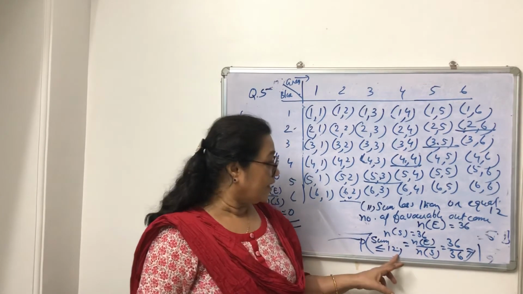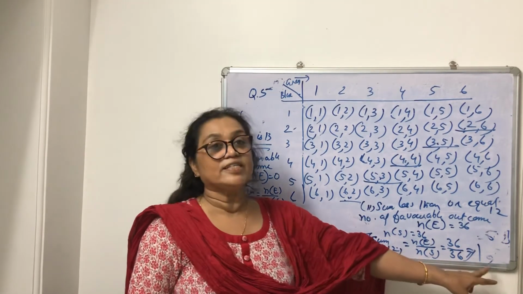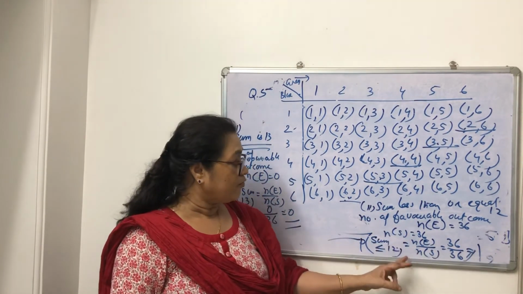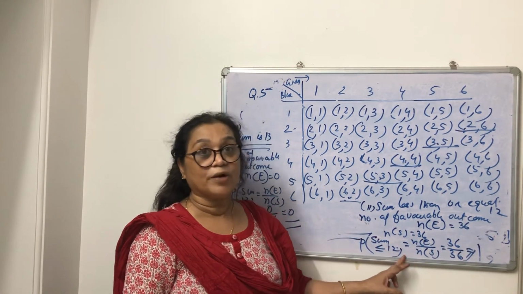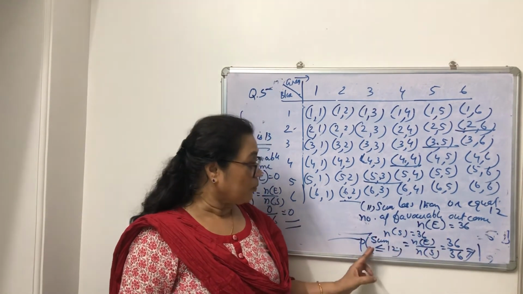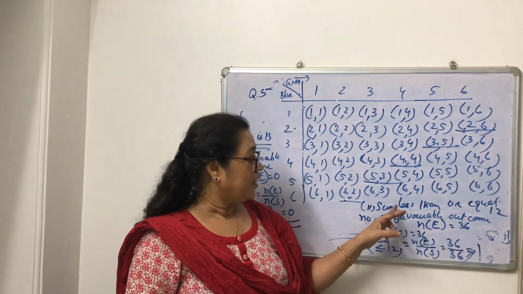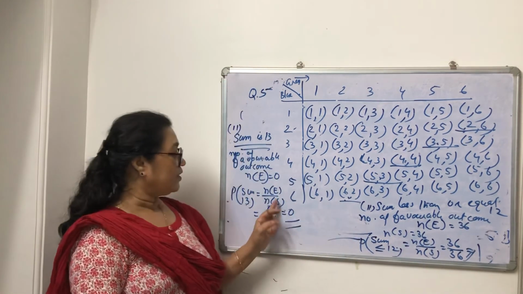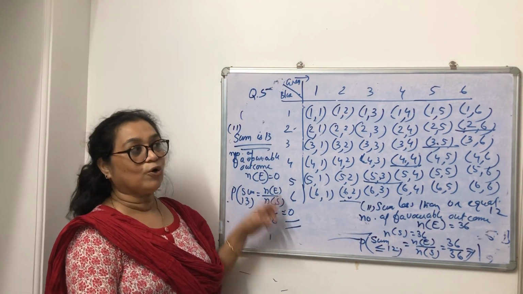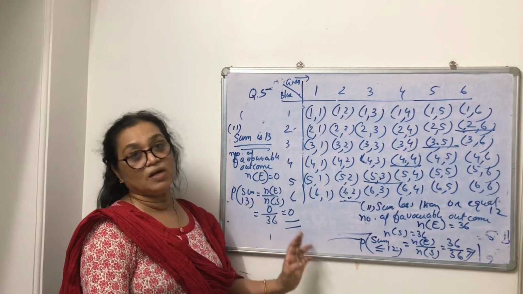Here in this case, the probability you are getting is equal to 1. Therefore, when the probability of an event is 1, it is called a sure event. This probability is 1, therefore the sum less than or equal to 12 is a sure event. In the other case the probability is 0, so it is an impossible event.